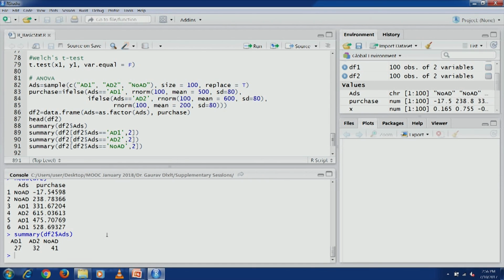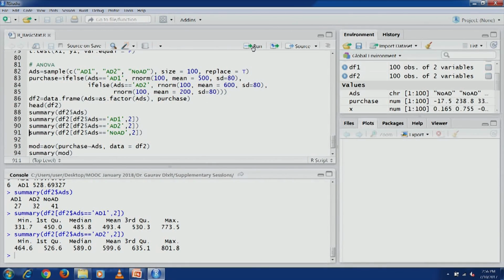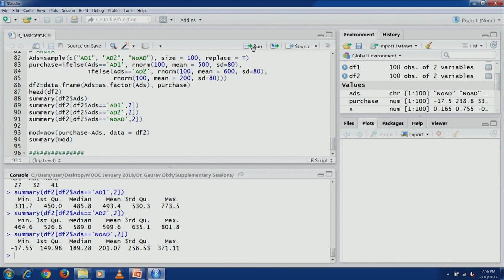These are the split for 100 observations. Similarly, if we are interested in statistics related to ad 1, especially the purchase part, you can see that mean purchase is 493, and the min and max values are also there. Similarly, we can do the same exercise for ad 2 and find the statistics related to purchase. Similarly, for the no ad situation, we can see.